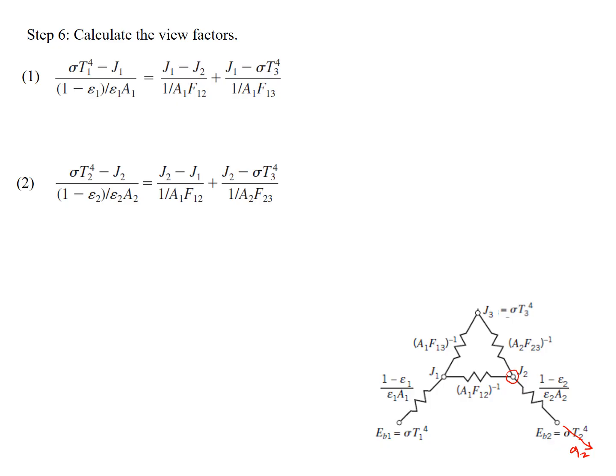Stefan-Boltzmann constant is 5.67 times 10 to the negative 8, multiplied by the temperature, T1 is 1000 Kelvin to the power 4 minus J1, this is my unknown. 1 minus emissivity, 1 is 0.9.